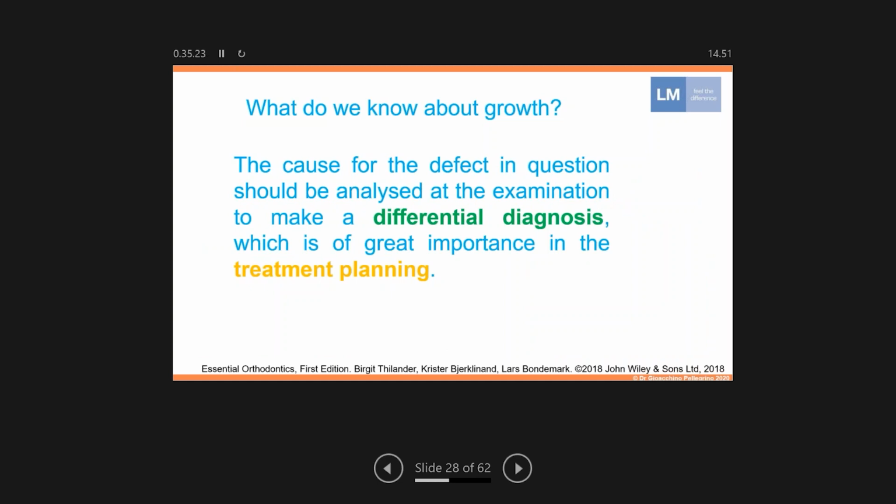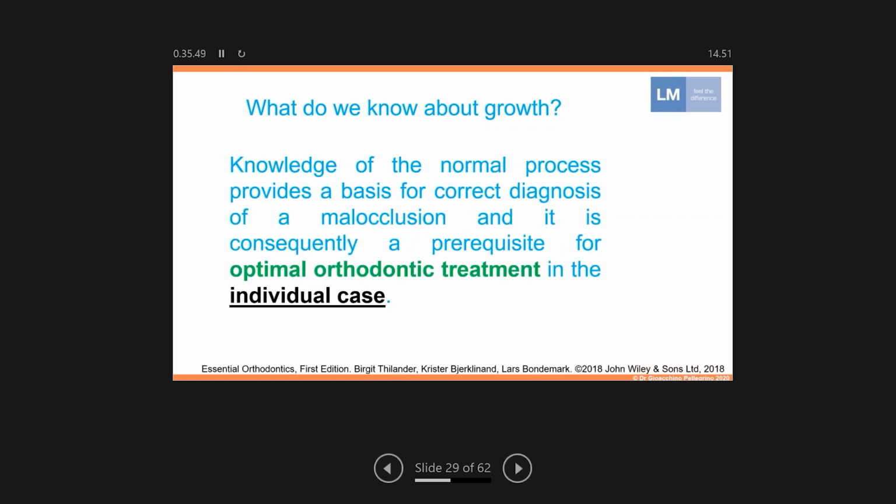It is very important to try to understand this concept, because if we know this, we can make a correct diagnosis. And a correct diagnosis is really very important to structure a correct treatment plan, so that if we know the growth, if we know all the process of growth, we can manage this, obtaining a different approach to orthodontic treatment.